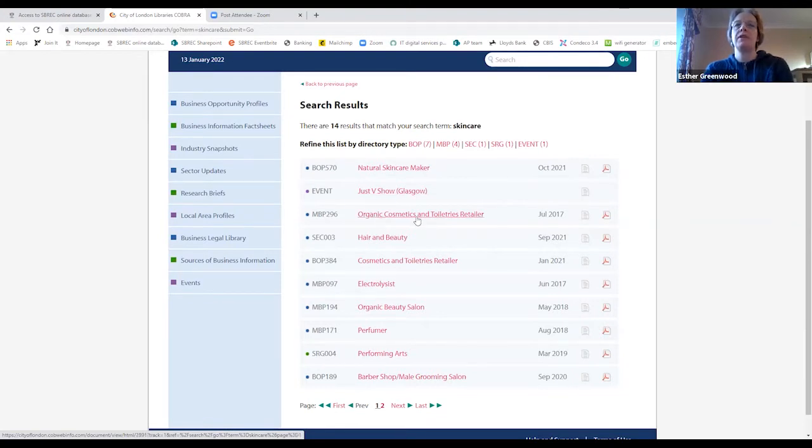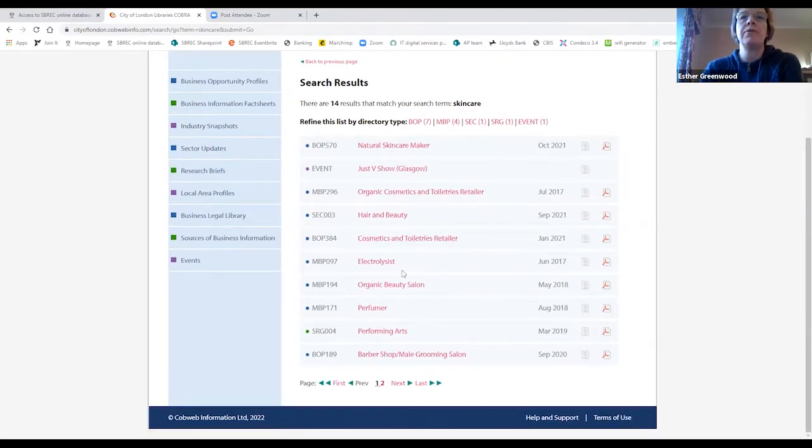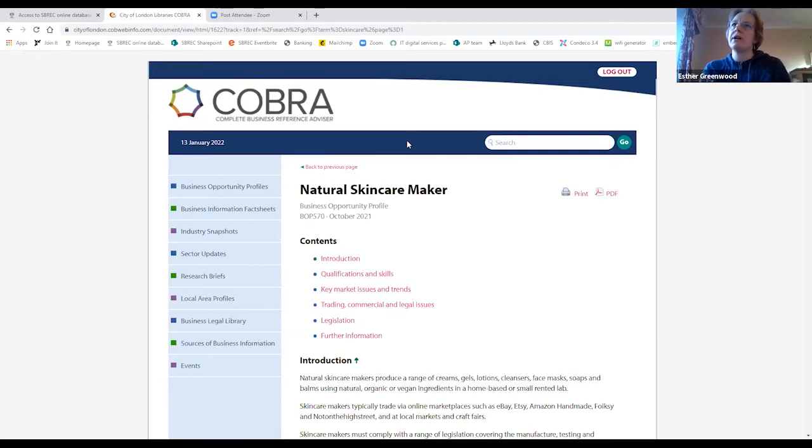There's also a profile of a toiletries retailer, and a profile also of an organic beauty salon as well. So if we have a look at the Natural Skincare Maker, because I think this one will also cover organics, which is what Layla is particularly interested in.